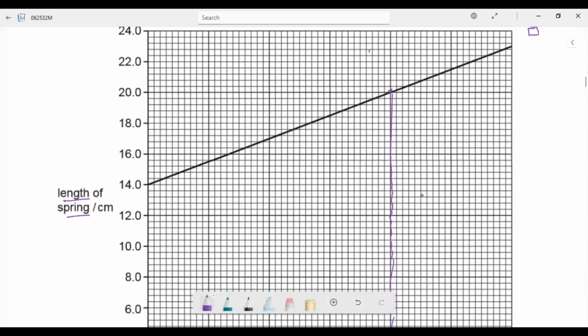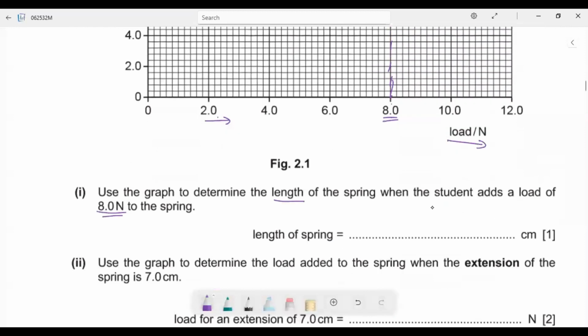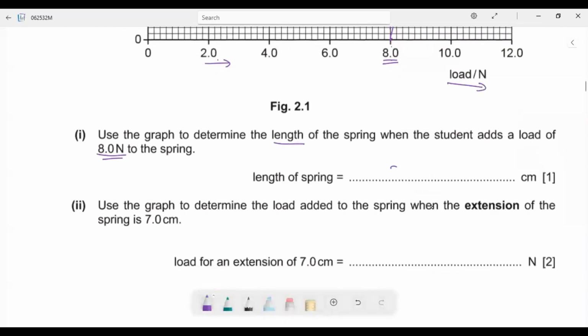So this is the point. So here we can see it is 20 centimeter. We are joining this line. This is 20 centimeter. So the answer is 20 centimeter. The length of the spring will be 20 centimeter.